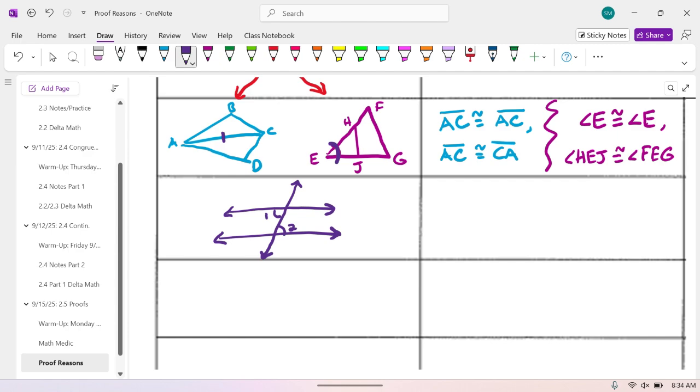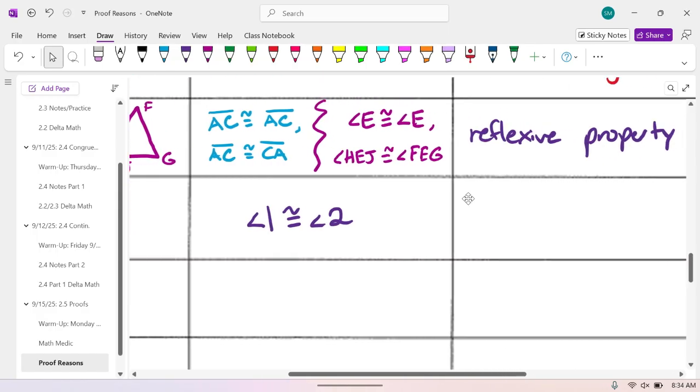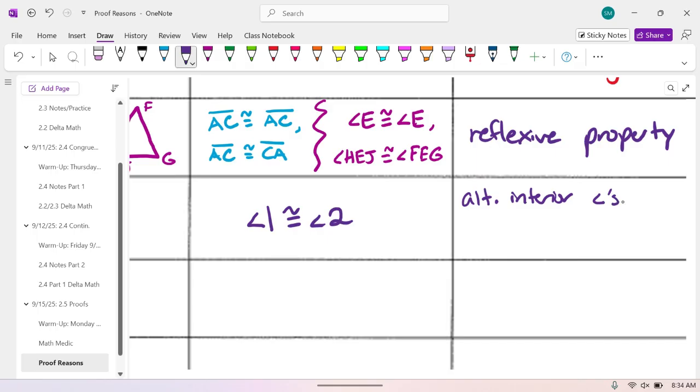We would say that they're congruent. So our statement would be angle 1 is congruent to angle 2. And then the reason would be because alternate interior angles are congruent in parallel lines.